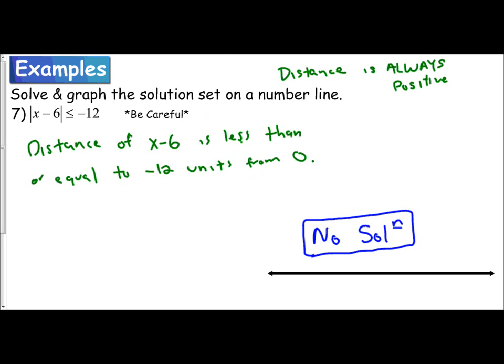And so by reading the problem that way, and we practiced that with absolute value equations, we see you can't have a distance that is negative. So therefore, it's a no solution problem. So this is a challenge. This is a trick. It determines which students actually understand the idea of absolute value, that it's a distance from 0, and how it relates to inequalities. So do be careful with these trick problems.